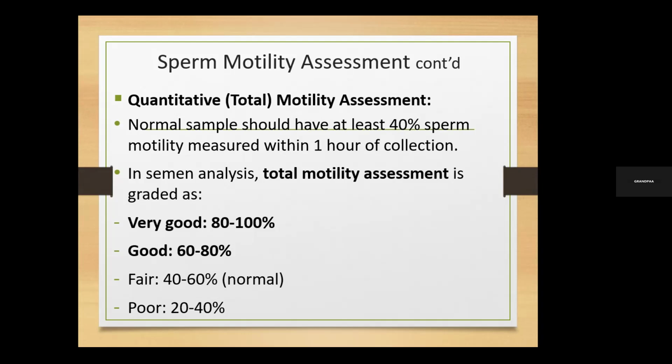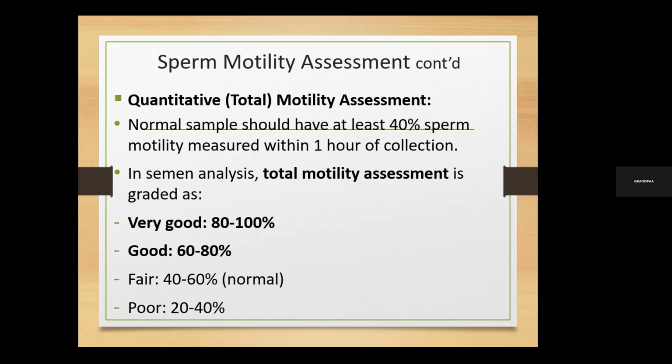If you have more than 40% moving, it's also normal. But if you want to look at motility assessment or grading, then you say that it's only fair motility. Remember, we said that any normal sample should have at least 40% movement, so 40 is a pass mark. But with respect to 100%, 40 can only be a fair movement. You can have more than 80% moving, and that's very good.